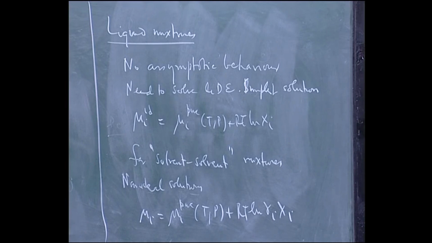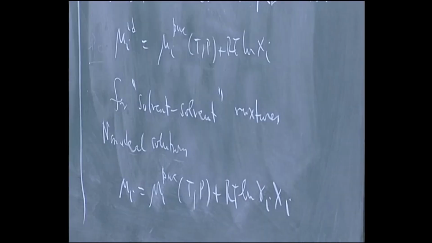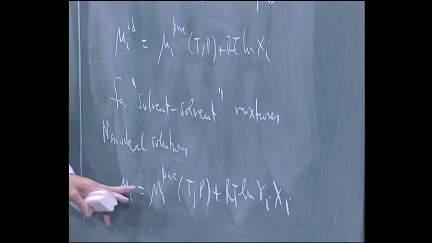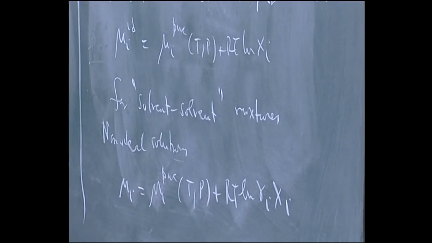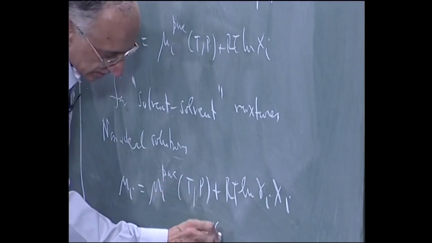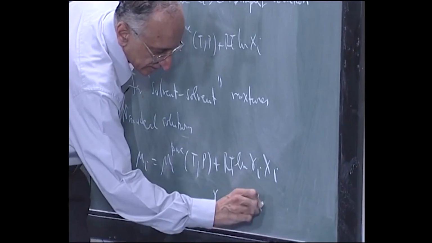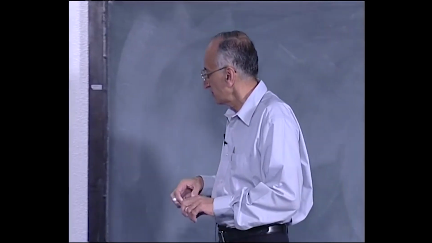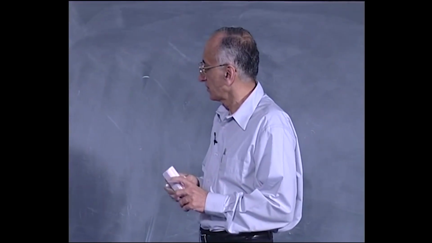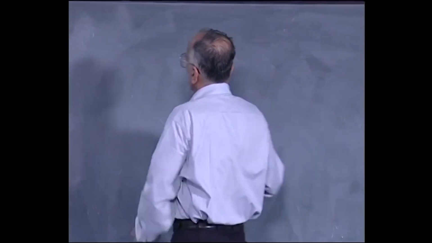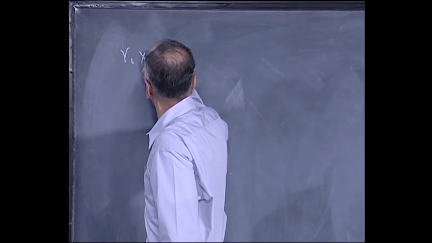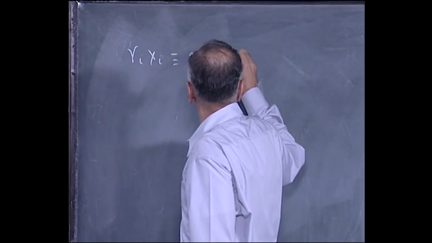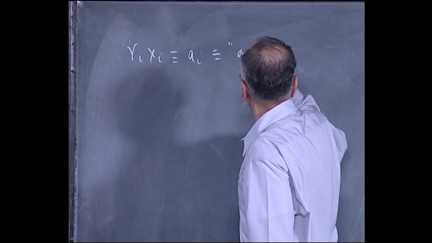I write mu I like that, where I have to tell you what gamma I is. When xi goes to 1, the left hand side becomes equal to mu I pure, so gamma I is 1 in the pure state. So gamma I goes to 1 as xi goes to 1. This quantity gamma I times xi is called Ai, the activity.